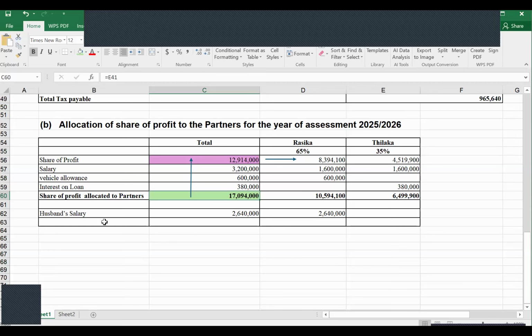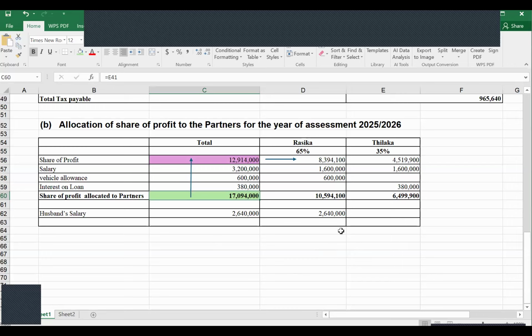Then we have not given investment income, therefore nothing to mention. Then husband's salary, that is 2.6 million. It is a part of Miss Rasika's income. So we have to separately identify it when we are calculating Rasika's tax liability. So I have calculated it up to here.